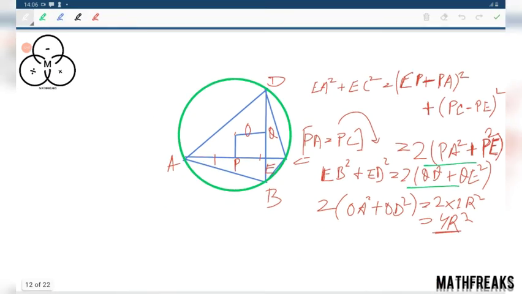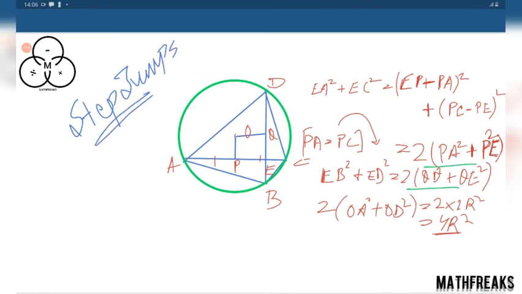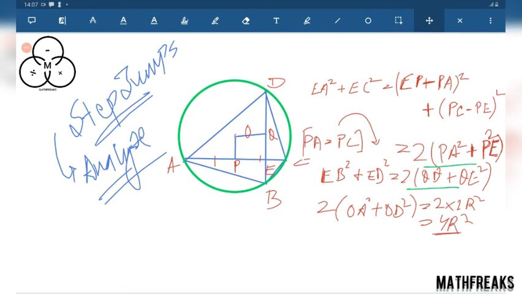I have given some step jumps here, for your analysis. Pause it, analyze it, you have the time.